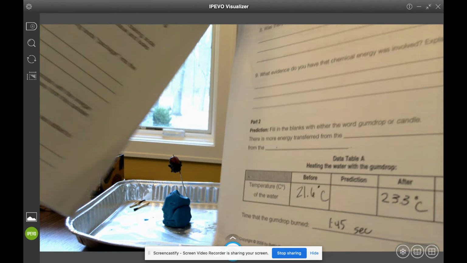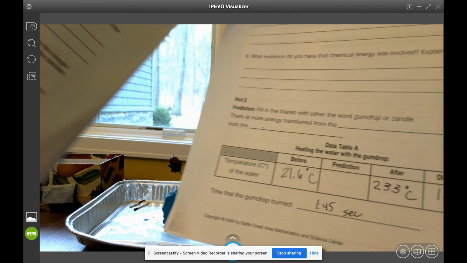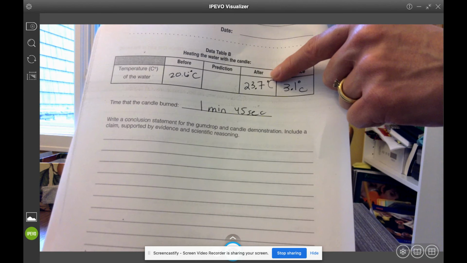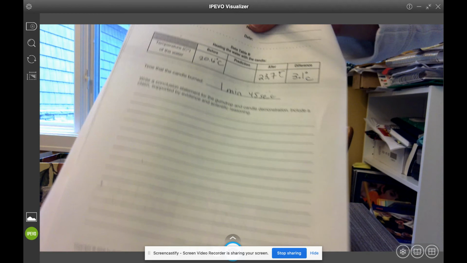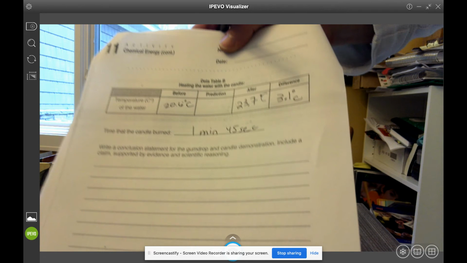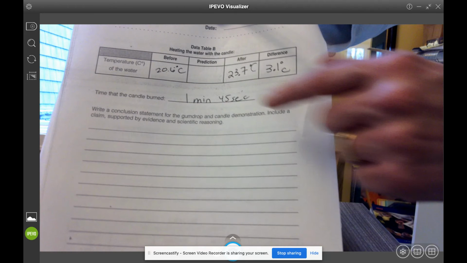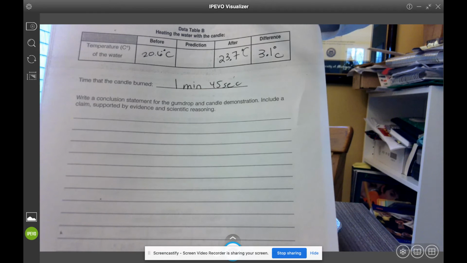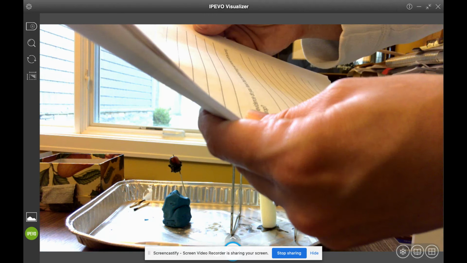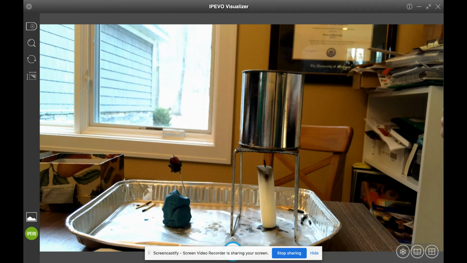So which of these gave more heat transfer to the water? The candle did, absolutely. Different substances do have different heat transfers that they can do. You're going to write up a conclusion, reasoning, and evidence to explain that experiment and explain what happened. I'm going to leave that piece up to you.